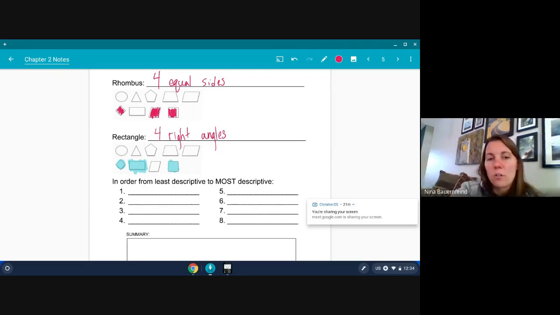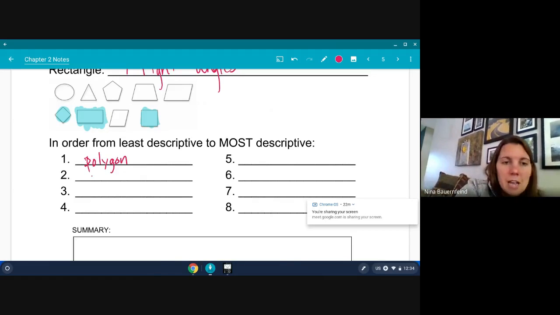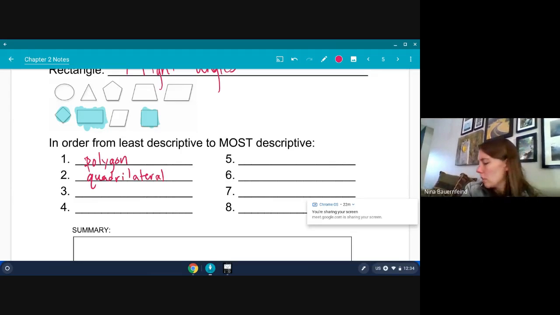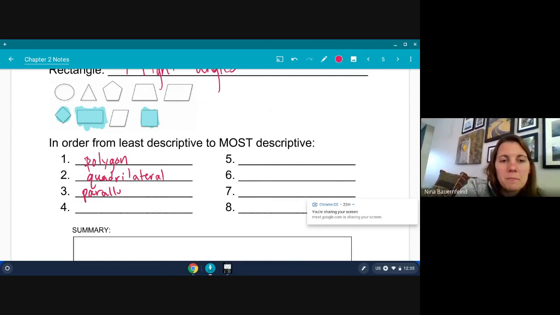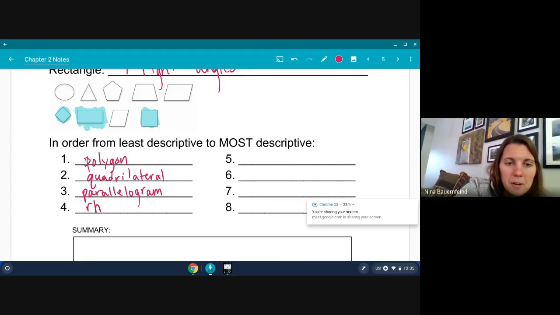So here's the order from worst to best. Worst is polygon. Worst meaning it's just not helpful. Like everything is a polygon, just about. And then it's quadrilateral, which is a little bit more helpful, a little more specific. Then parallelogram. After parallelogram is rhombus.